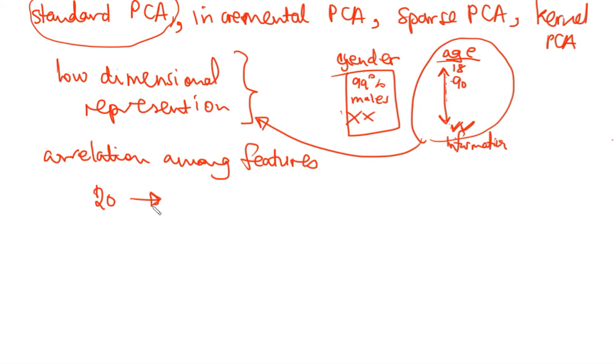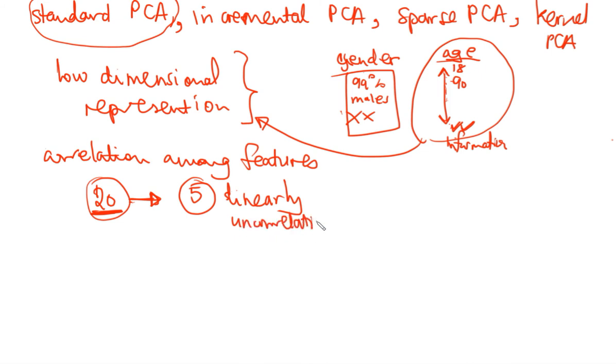It will try to represent the information, or the variation, in these 20 with, let's say, five linearly uncorrelated features. So it tries to get rid of the correlation, but by doing so it reduces the dimension. Now these features are no longer correlated. It has picked those 20 and boiled them down to 5 uncorrelated features.